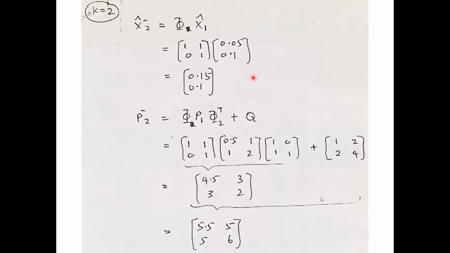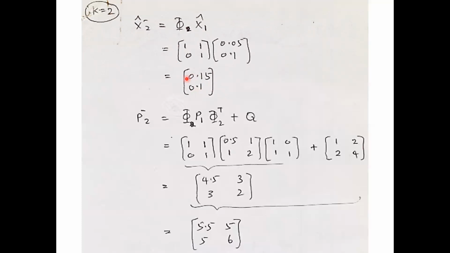Now, if you go to the second instant, k equals 2, you have to extrapolate from k equals 1 to k equals 2 using state transition. So there you are, 0.15 and 0.1. This is the predicted position and predicted velocity at k equals 2.